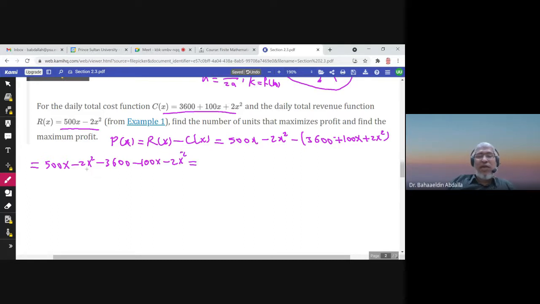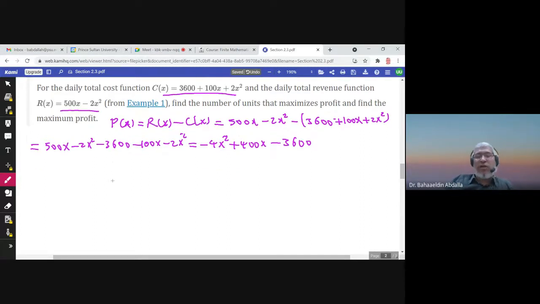Now we have negative 2x squared, negative 2x squared. This will give you negative 4x squared, 500x minus 100x is 400x, and I have negative 3600. Okay, this is the profit function.